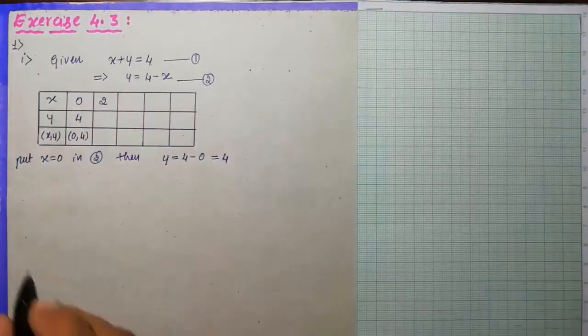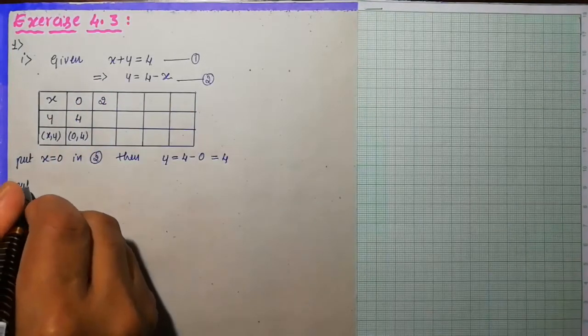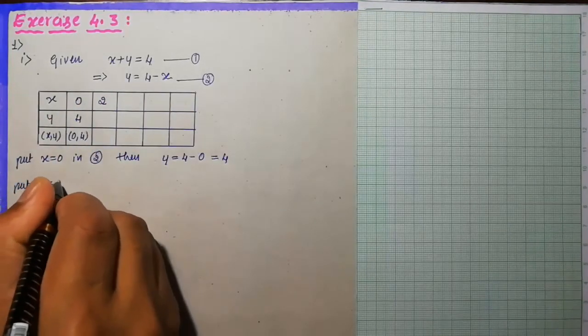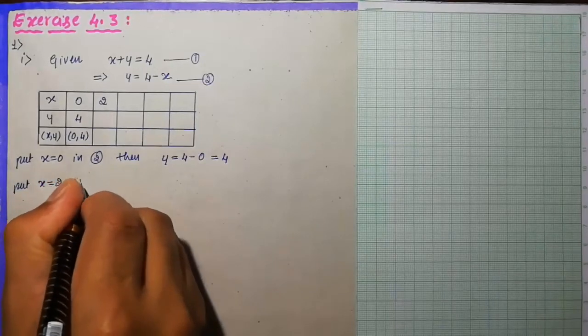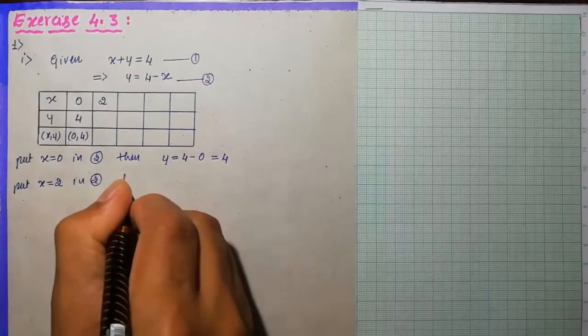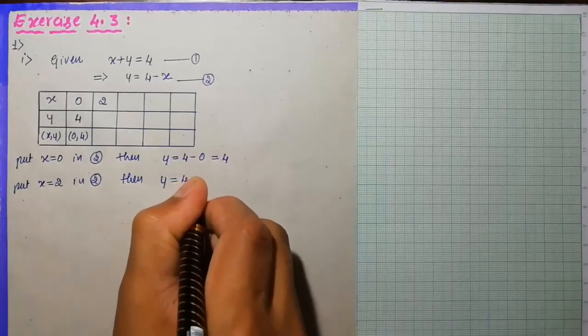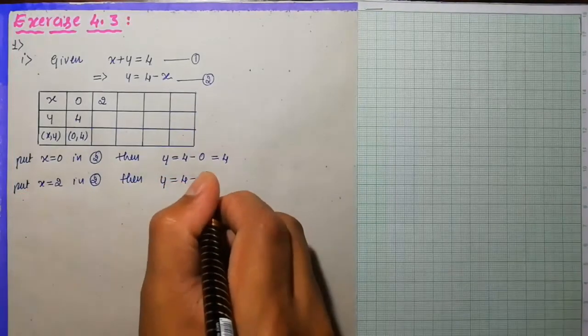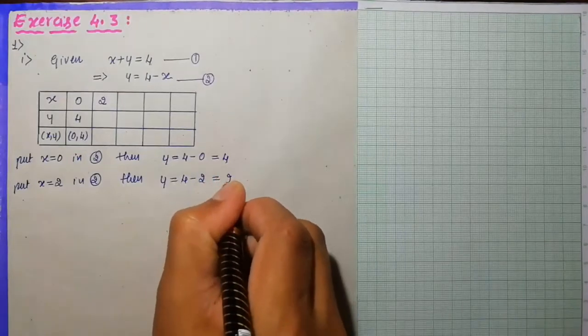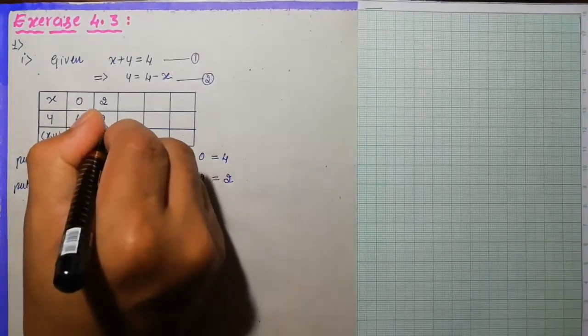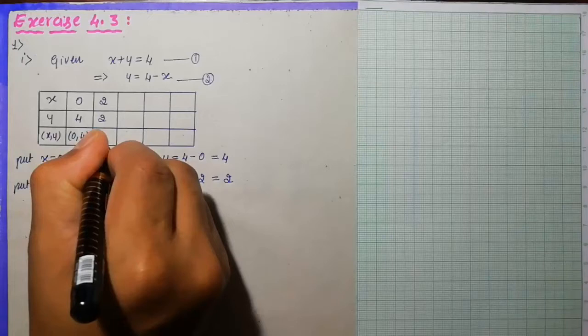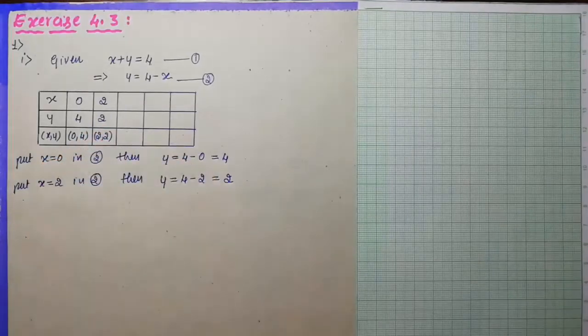I'm going to put 2 next. You can put any number, but I'm going to choose some numbers like this: x is equal to 2 in 2. Let us see what will happen for y. 4 minus 2 means it will become 2. So for 2 the corresponding value is 2, that is, 2 comma 2.